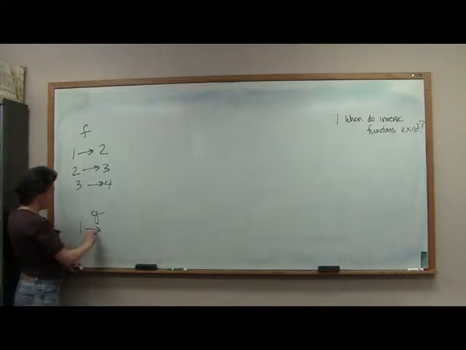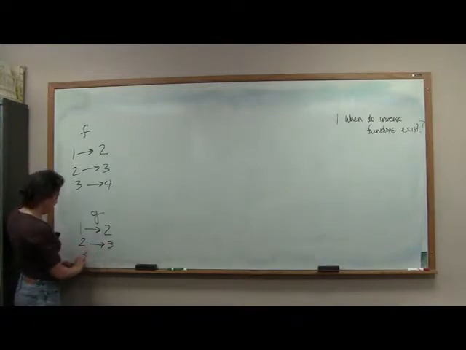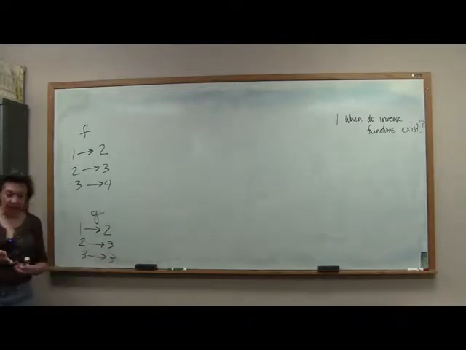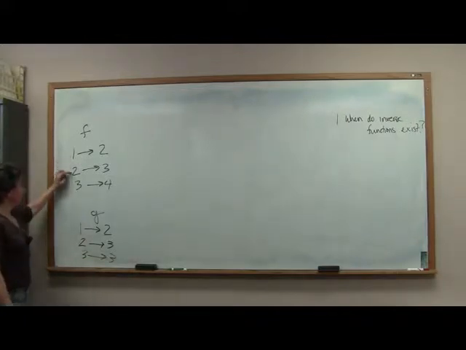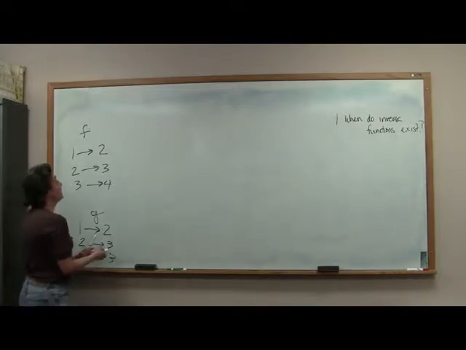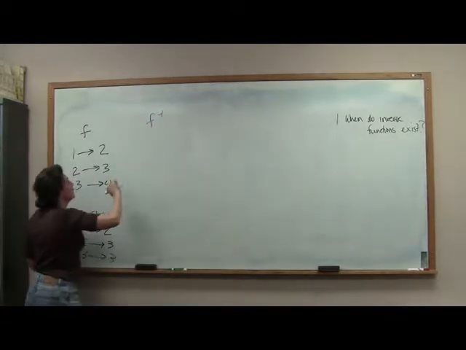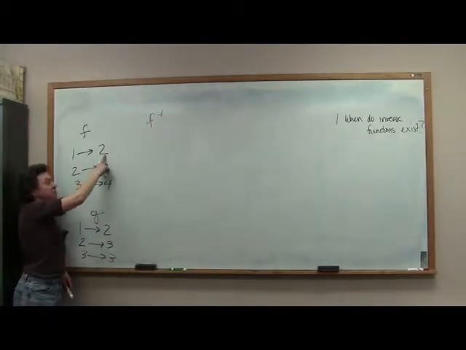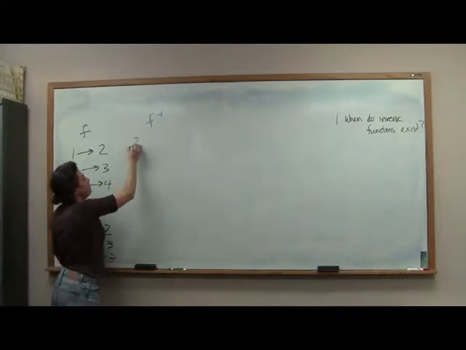G takes 1 to 2, it takes 2 to 3, and it takes 3 to 3. I claim that both of these are functions. Remember, in order to have a function, each input, each value of x goes to exactly one value of y. Okay? 1 is only going to one place, 2 is only going to one place, and 3 is only going to one place.